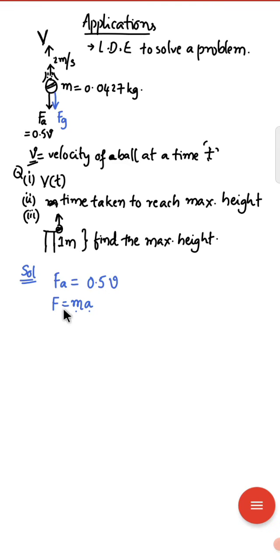F is equal to m a, where a is acceleration and m is the mass of the object. Now the force due to gravity, Fg, is m into g, where g is nothing but acceleration due to gravity.